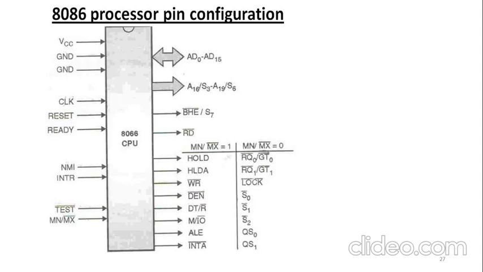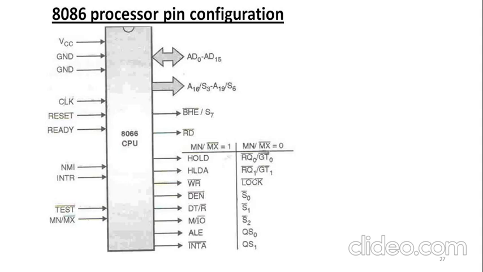And then there is a table defining dual functionality signals. Within that table, the first column defines the functionality of those corresponding pins in minimum mode operation, while the second column is applicable for maximum mode operation.